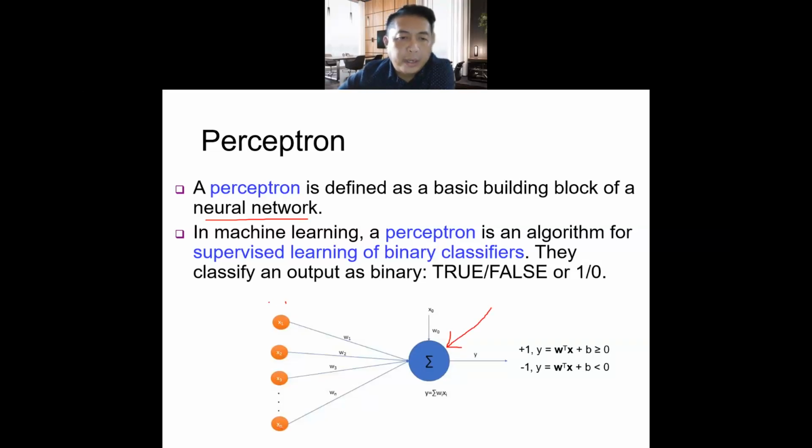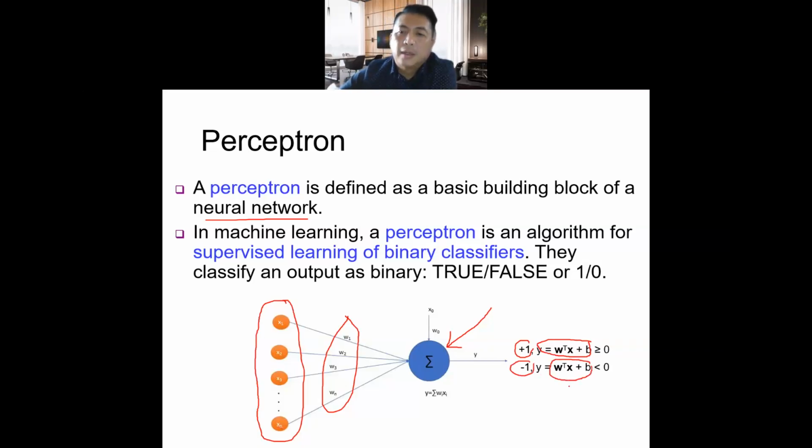We have all the inputs here, and also all the weights here. The output y will be positive if the value of this expression is greater than or equal to 0, and it will be -1 if this expression is less than 0.